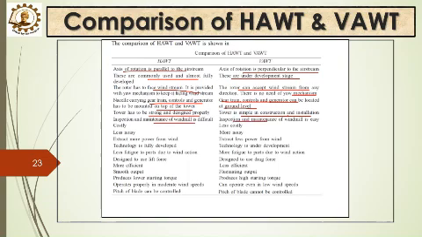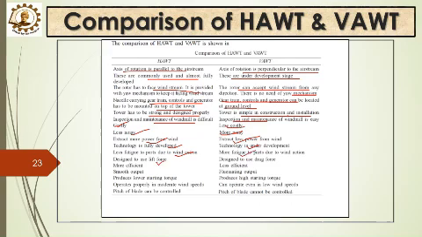In VAWT it is easy. HAWT is costly, VAWT is less costly. HAWT is less noisy, VAWT is more noisy. And the major help is that HAWT extracts more power from the wind; here, the extraction of power is less. Technology is also developed for HAWT; for VAWT, technology is under development. HAWT has less fatigue due to wind action; VAWT has more fatigue. HAWT is designed to use the lift force.